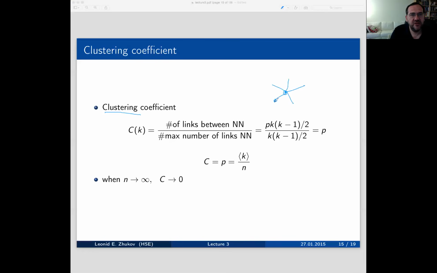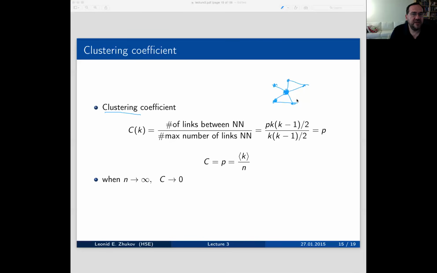Then the clustering coefficient will be just the ratio of those closed triangles to the total number of possible triangles with one node being the one we're trying to explore. In other words, the definition is the number of links between nearest neighbors. So here are the nearest neighbors. We have 1, 2, 3, 4, 5 of them. So it's the number of links between nearest neighbors divided by the maximum possible number of links between nearest neighbors.